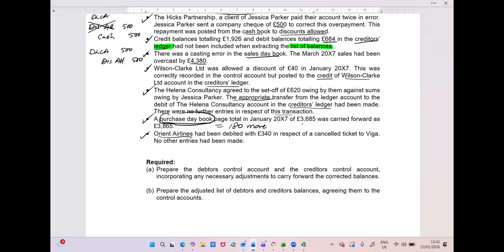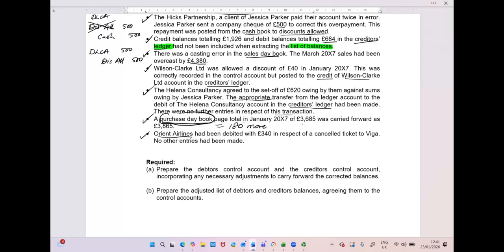So what is happening is, as I said, Jessica is a travel agent. She buy airline tickets, and she bought one from Orient Airlines. Now she has to pay them, but Orient Airlines cancel that ticket, or maybe they cancel the flight. Therefore, Jessica will not have to pay them anymore.